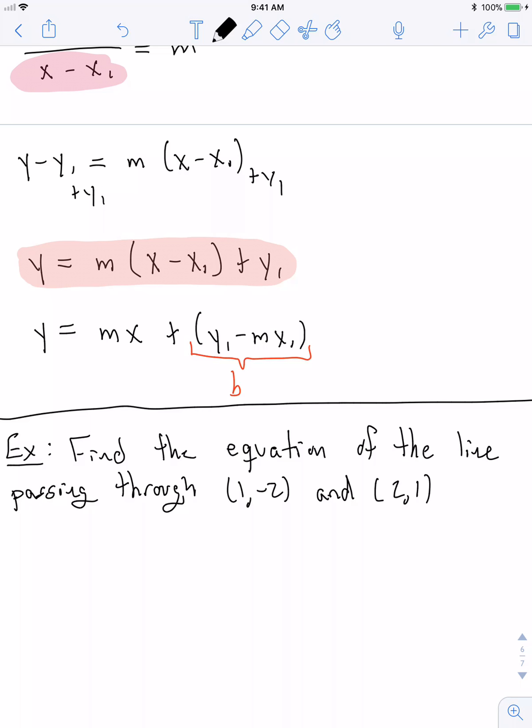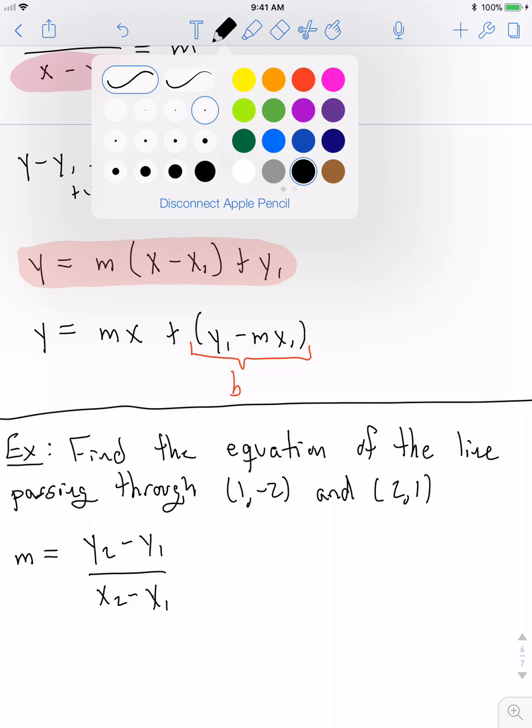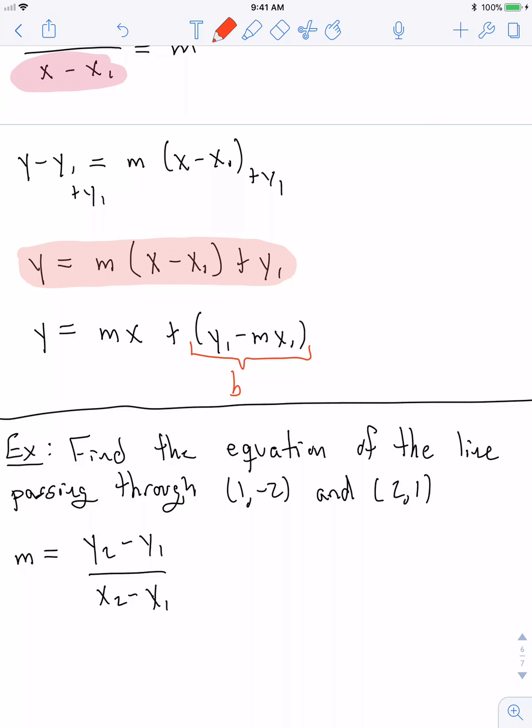Okay. So if you've taken a shot at this, let's do it and make sure we're all right here. So remember, m is equal to y2 minus y1 over x2 minus x1. And how about we let this first point here be our x1, y1, and we'll let the second point be our x2, y2.